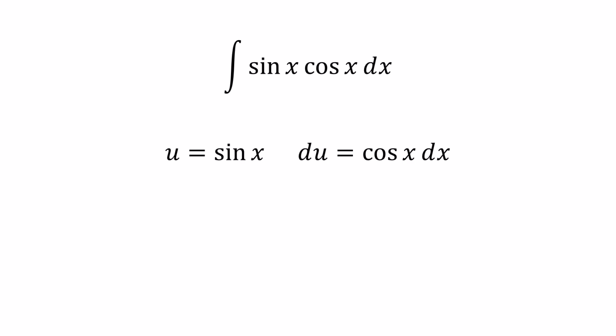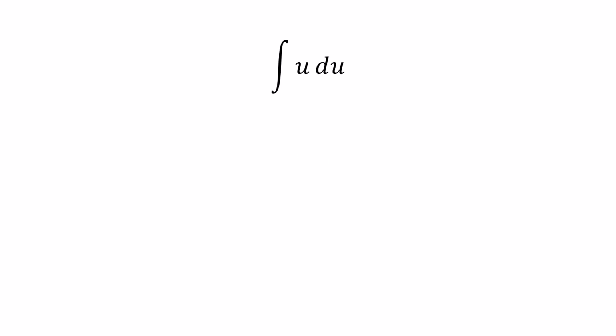Substituting into the integral, we obtain the integral of u du. Integrating then gives 1/2 u squared plus c. Back substituting, we arrive at a final answer of 1/2 sine squared of x plus c.